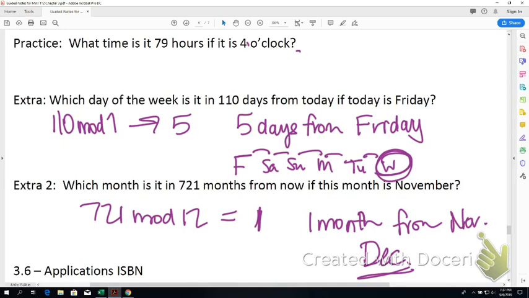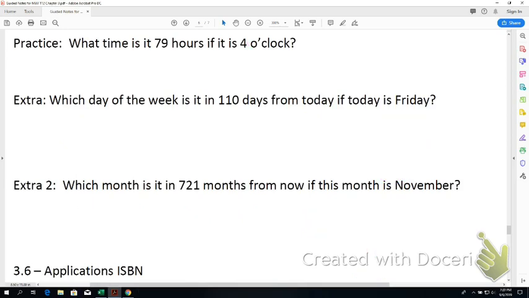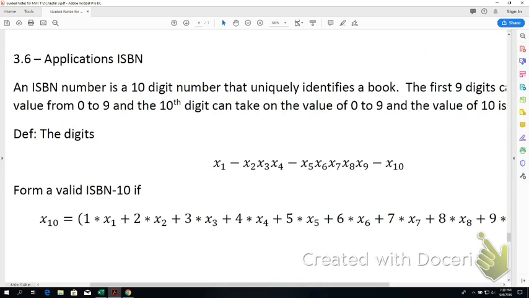So we just have one more section to cover, the final stretch for chapter 3, which is ISBNs. This formula for ISBNs will be given to you on your test, so don't stress about studying for this. It will be stated in the problem if it's on your test. An ISBN is a 10-digit number that uniquely identifies a book.